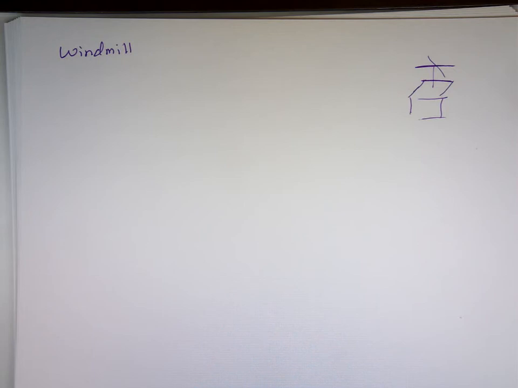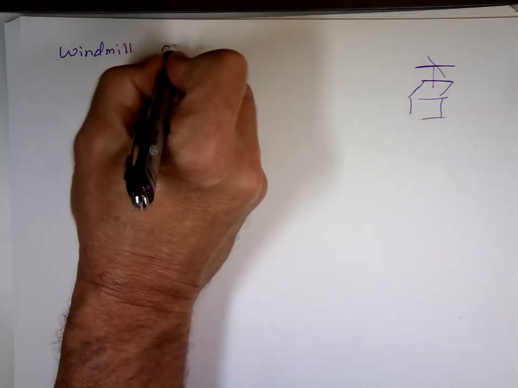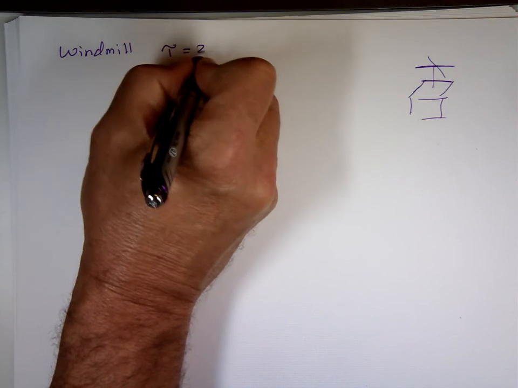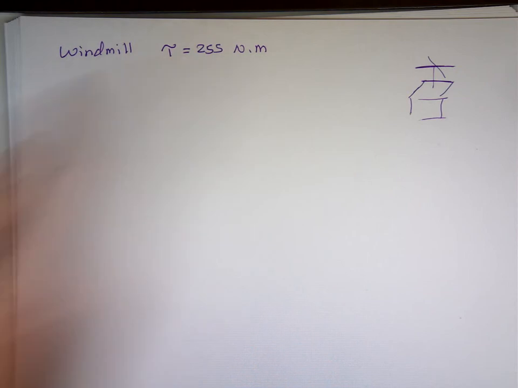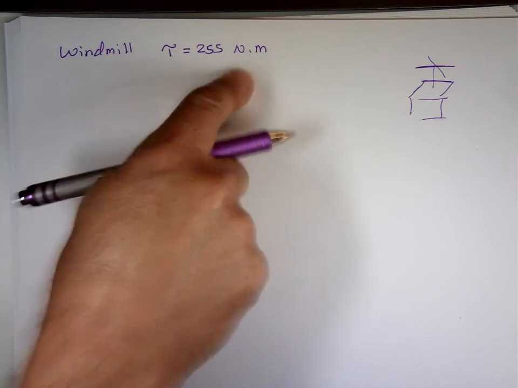So this one has an average torque on it of 255 newton meters. It's making it spin all the time. It's a nice breezy day, and that torque is 255 newton meters.